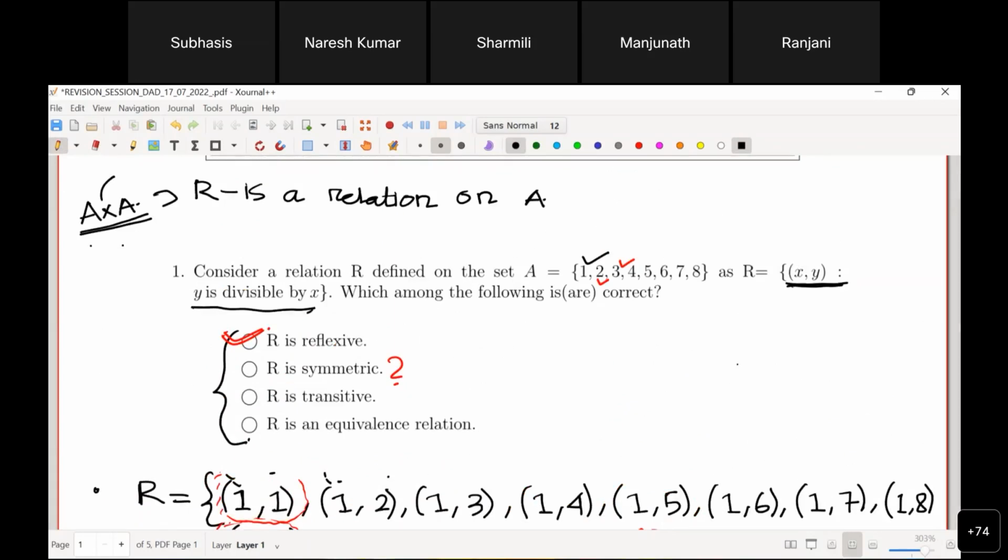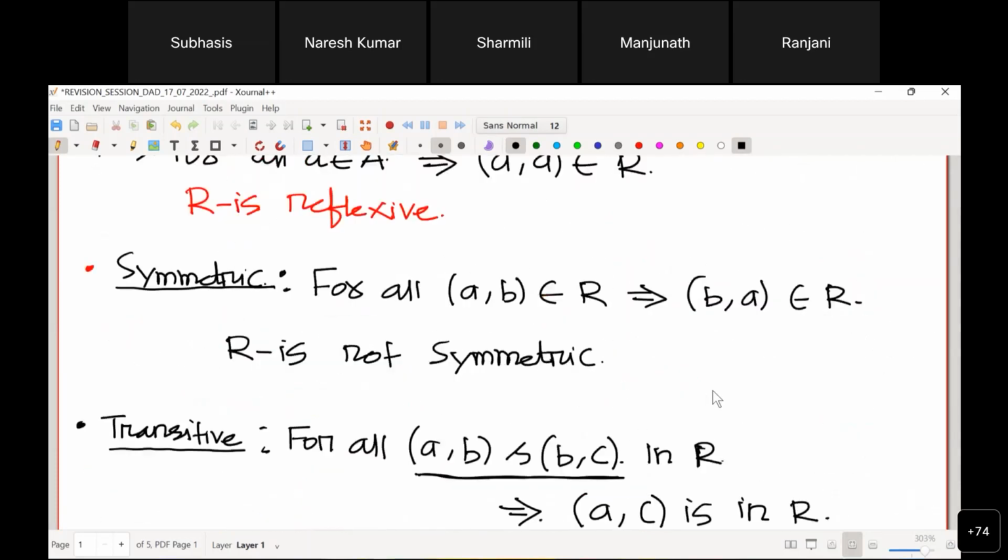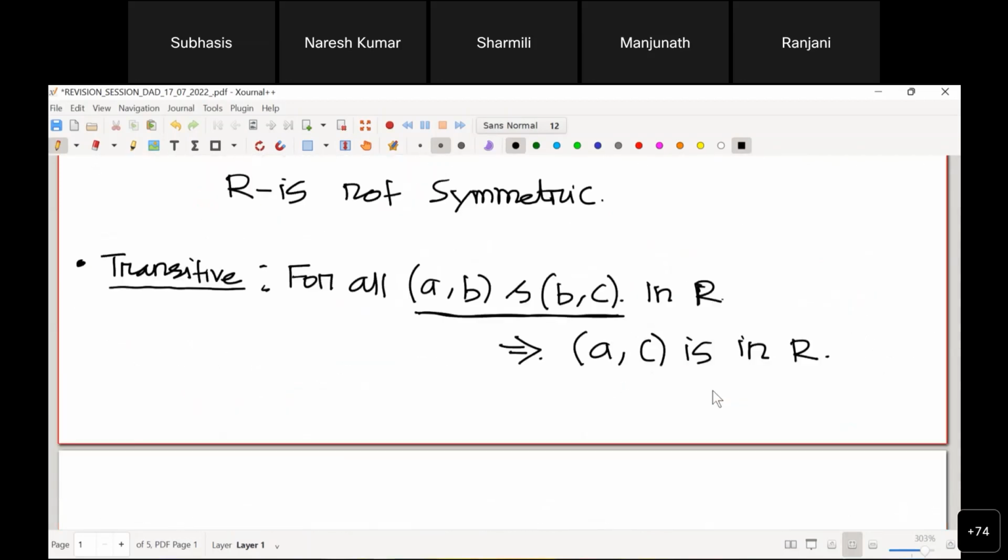So what I need to do: the first condition says (a,b) is in R. That means a divides b.